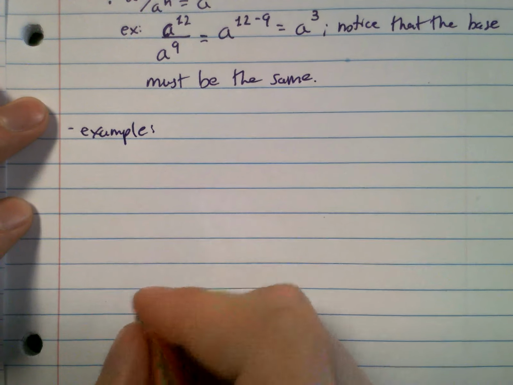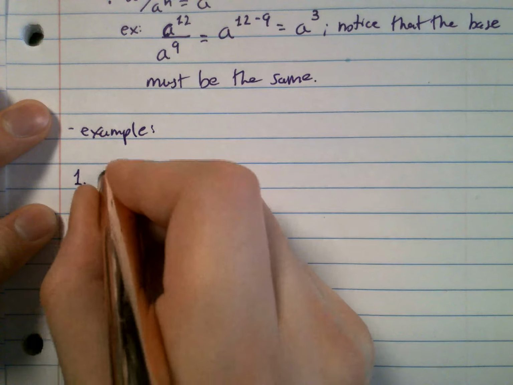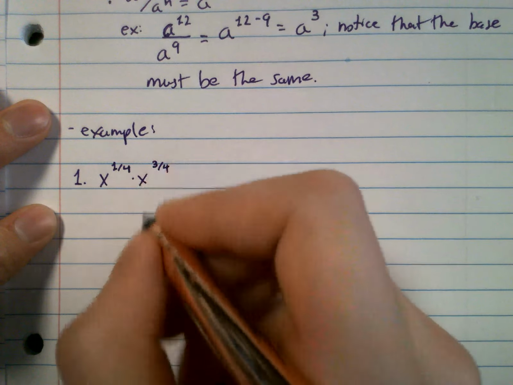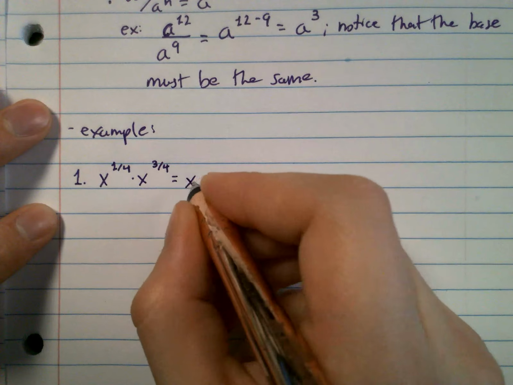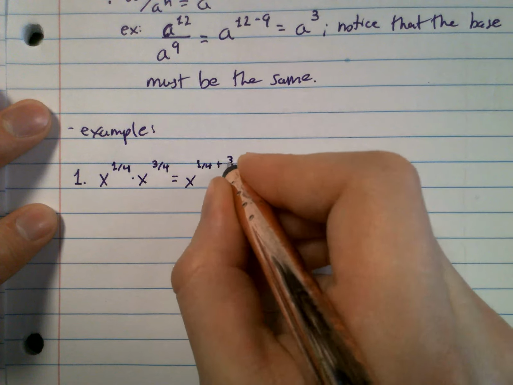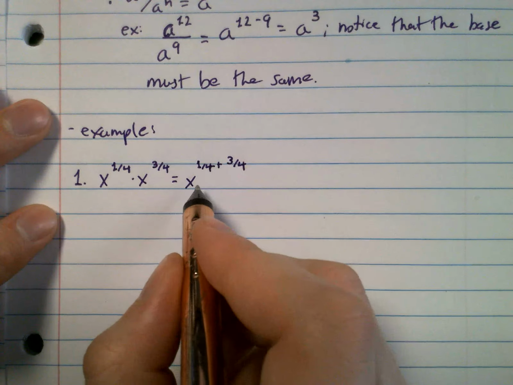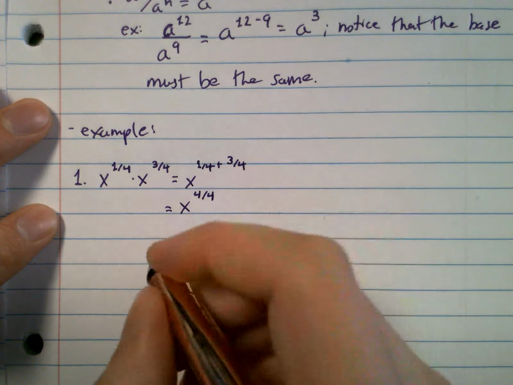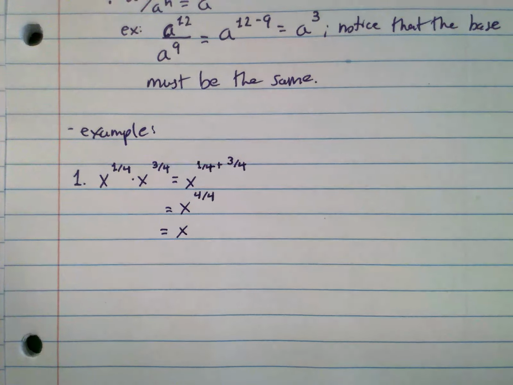For the first example, number 1, I have x to the 1/4 times x to the 3/4, which equals x to the 1/4 plus 3/4, because we're adding the exponents across. That gives me x to the 4/4, which gives me just x. So nothing really exciting.